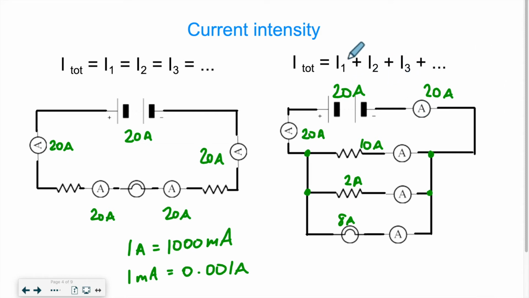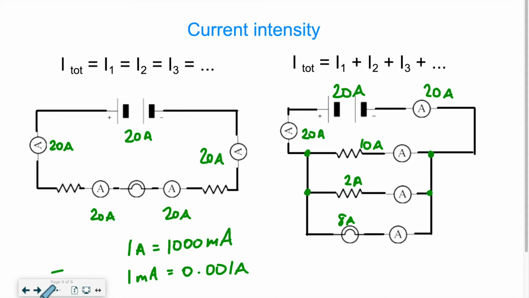This law, which is for a parallel circuit or a parallel part of the circuit, only applies to this section of my circuit, which is the parallel part of the circuit. Okay, so in series, the current is the same everywhere. In parallel, the partial currents add up to give you the total current that was given out by the power source. Okay, so that's the Kirchhoff law or laws, I should say, for current intensity.